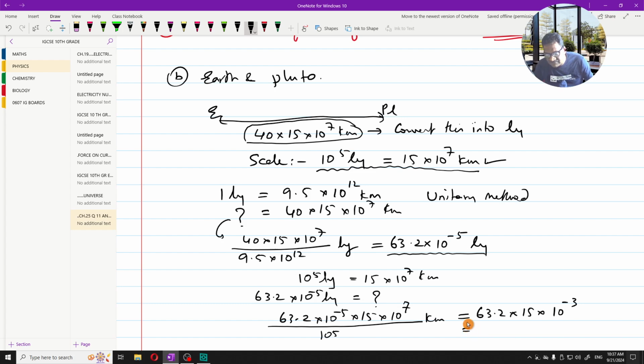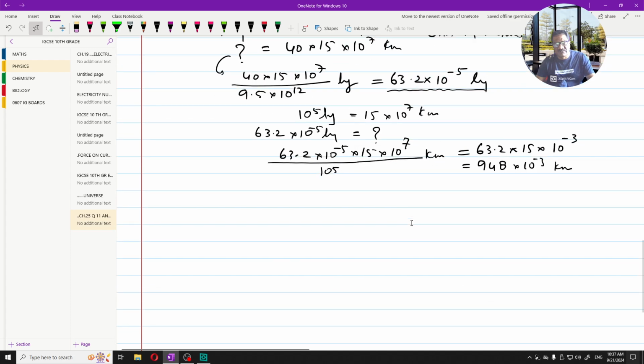Let me see that. 63.2 multiplied by 15 works out to 948. So this is 948 into 10 raised to minus 3 kilometers, right?